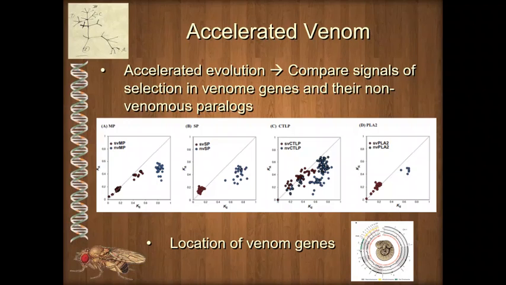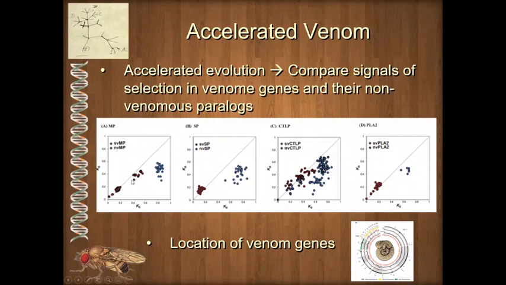So what they have done, rather than just saying, okay, our null hypothesis, our starting point is 1, right? When dN is equal to dS, what we are going to do is compare what's going on in the non-venomous paralogs, and sometimes there are multiple non-venomous paralogous copies, versus the venomous paralogs.